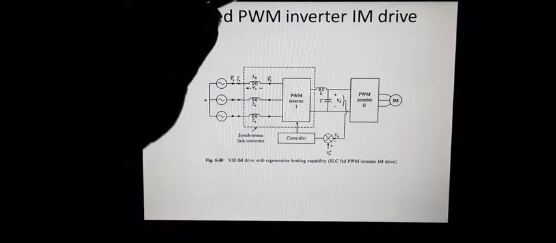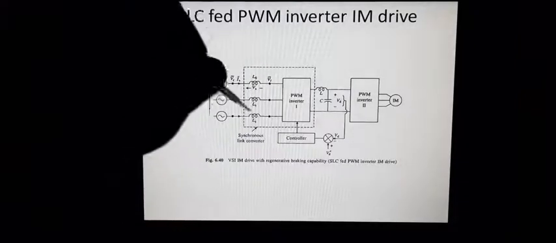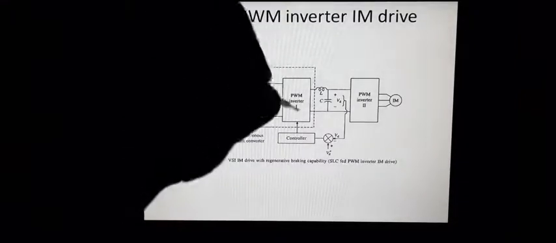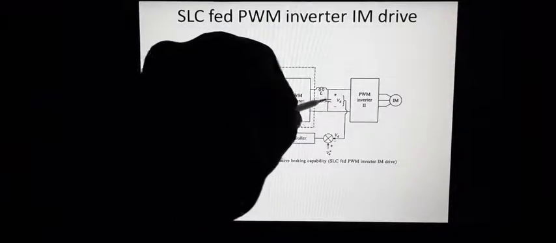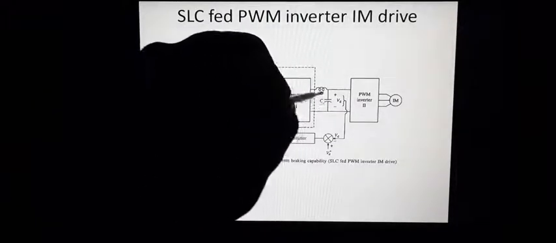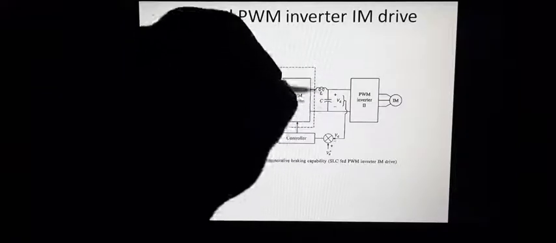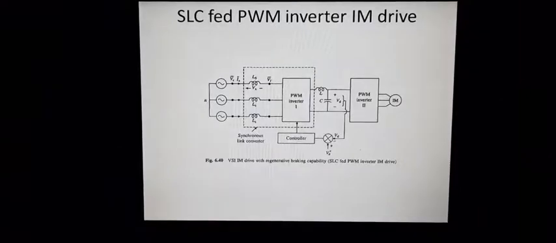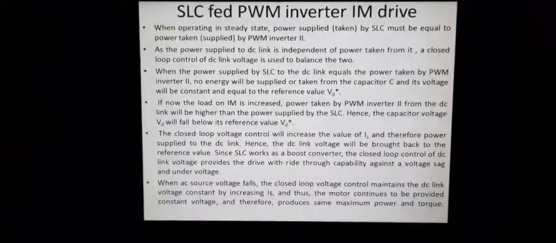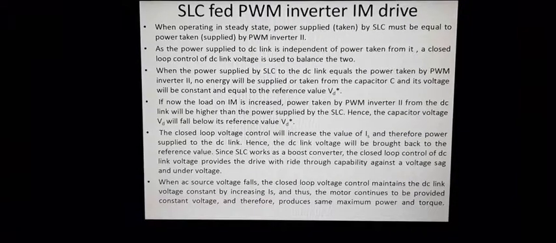So this particular SLC will be acting like a boost converter at that particular instant, and it will be bringing the voltage across this capacitor, or this DC link voltage, back to the old value. The explanation is mentioned as points here. You can refer to this slide.